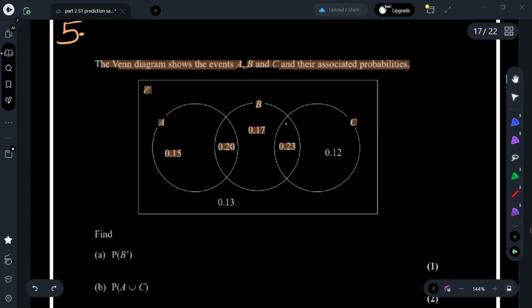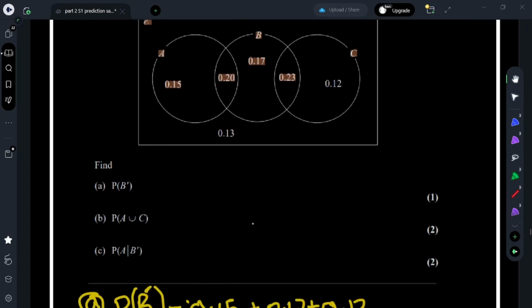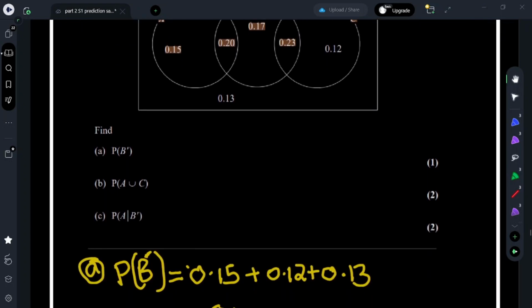Probability in C is going to be 0.23 plus 0.12, and the probability of an event being outside A, B, and C is 0.13. So we are trying to find the probability for B complement or outside B, the probability for an element being in A union C, and the probability of A given B complement.